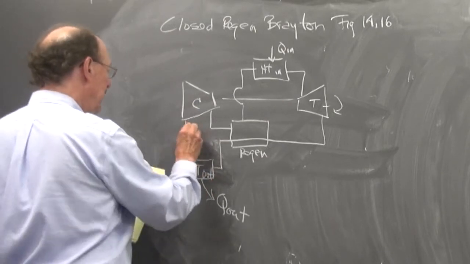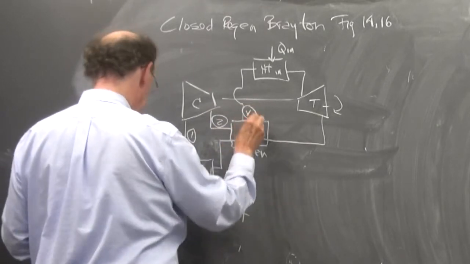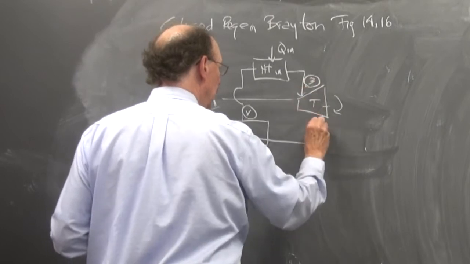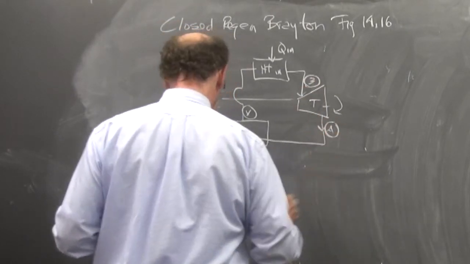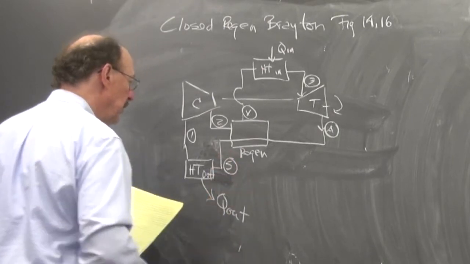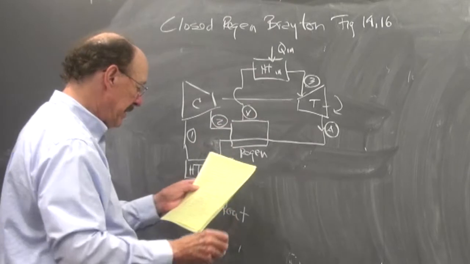So now I can do 1, 2, X, 3, 4, 5. So I have this, and here's the regenerator that we had before.